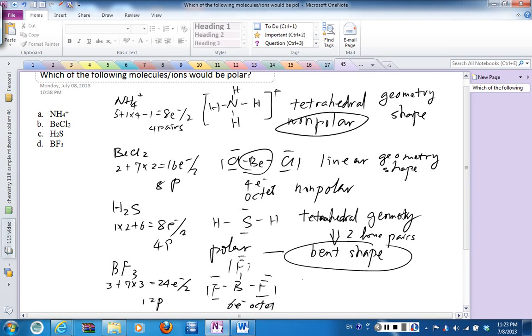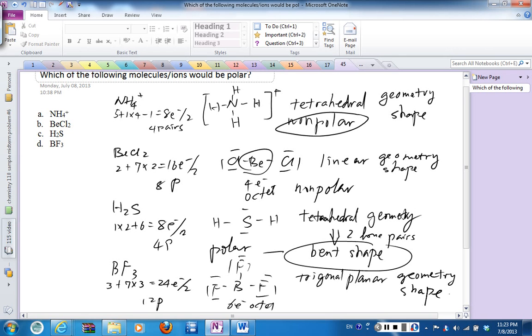And this would give us a trigonal planar geometry with 3 regions of electron density. And again, because there's no lone pairs, its shape would be trigonal planar as well.